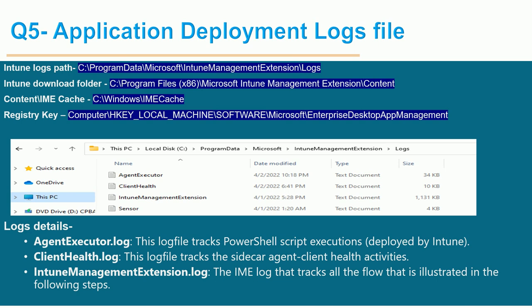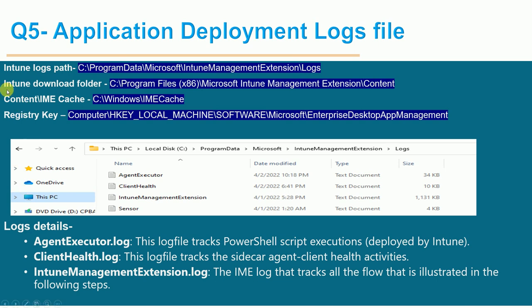This is the one log used to check all these things. If you deploy patches, if you deploy an application, either a Win32 or a LOB application, or it's collecting the hardware and software inventory, whichever action is running in your Intune management extension, it will track everything. So you can check these logs.